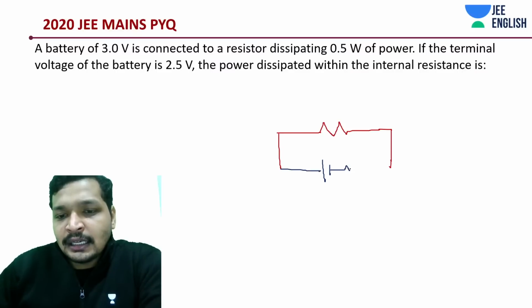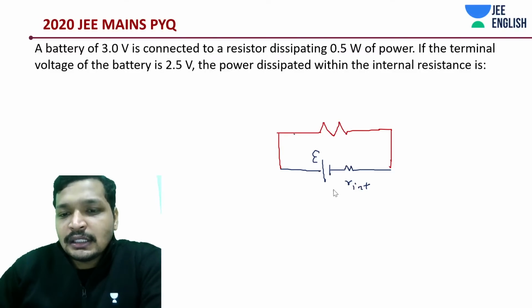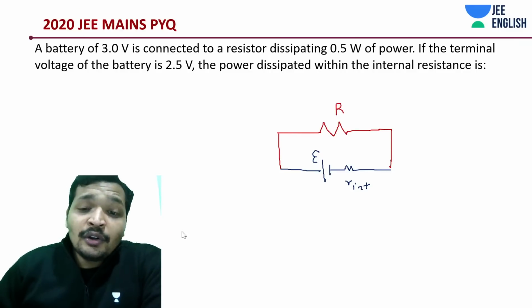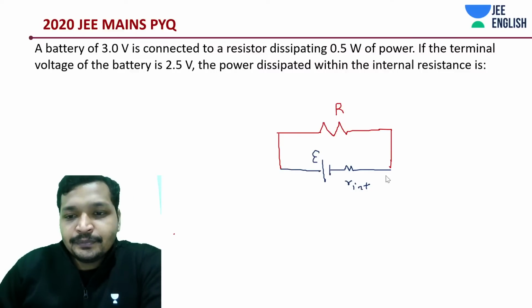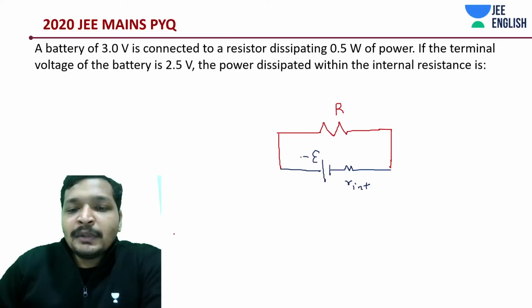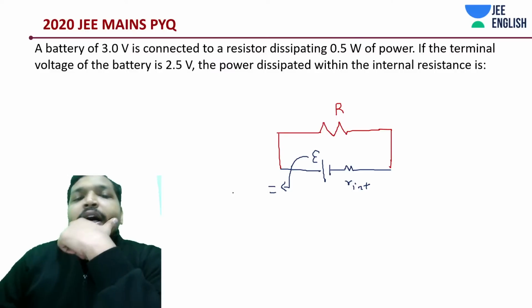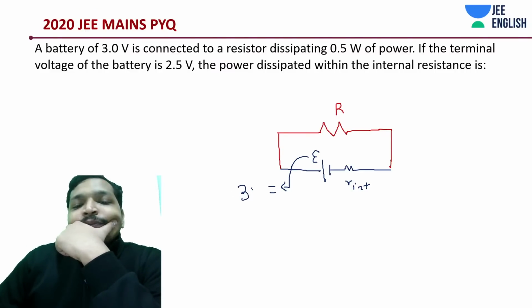Unlike external resistance, it's due to the battery. This is R internal, this is EMF, and this is the external resistance. EMF is the total voltage or potential that the battery could have delivered. How much is that? It's going to be like 3 volts. That's it.